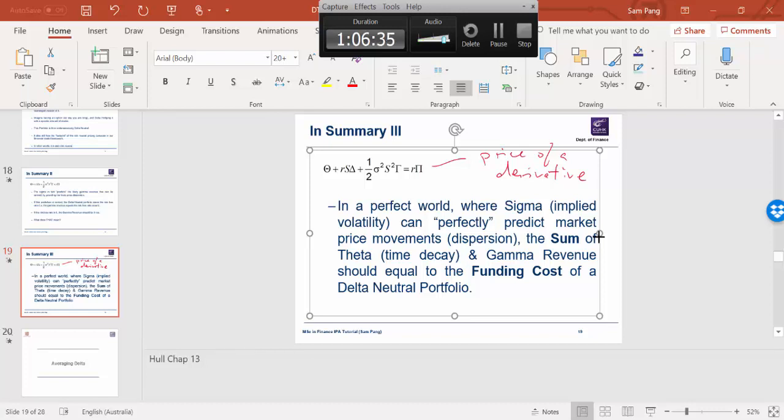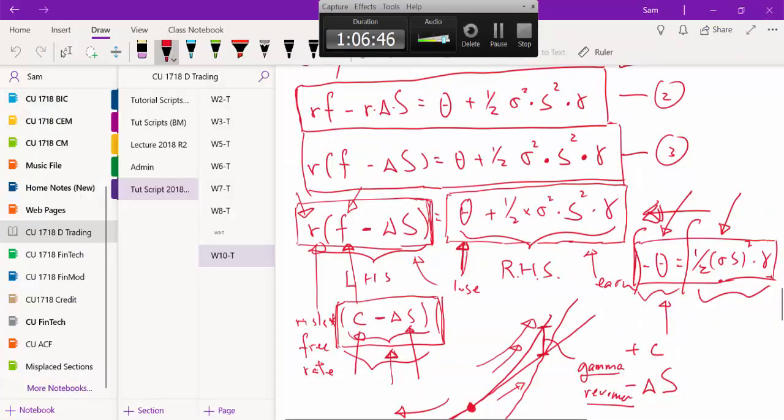So, how can I ensure the difference between F and delta times S is always positive?